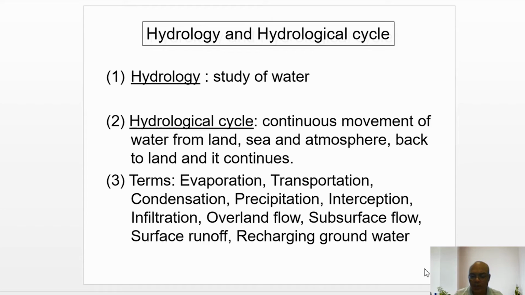So once this water vapor is lifted upwards, a few kilometers from the land, the temperature will be very low there. Then the vapor comes out of this air, and that is called condensation. So in condensation, this vapor is again converted to the liquid phase.